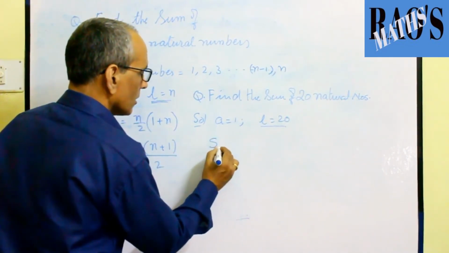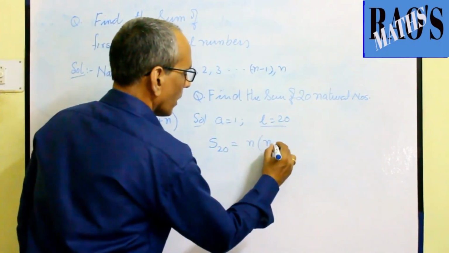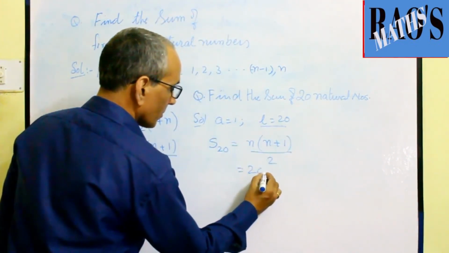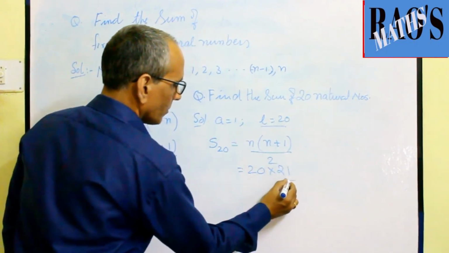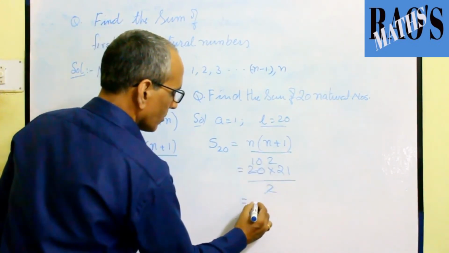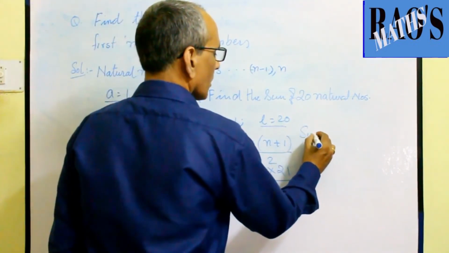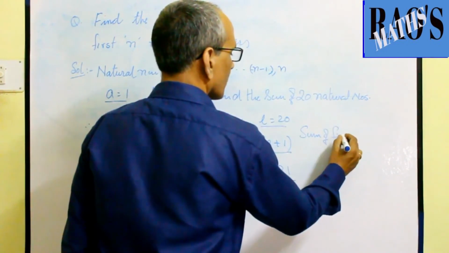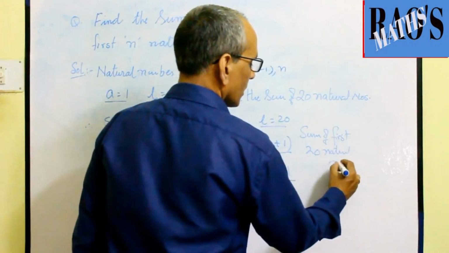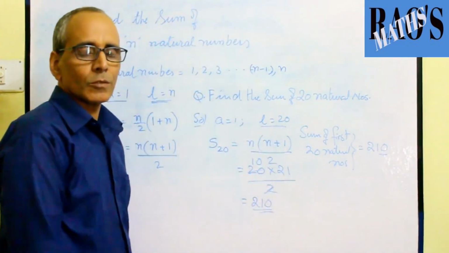I can use the sum of 20 terms is equal to n of n plus 1 by 2, where n is equal to 20. 20 into 21 by 2, that is 10 times 21, which is 210. So sum of first 20 natural numbers is 210. Very easy and important question too.